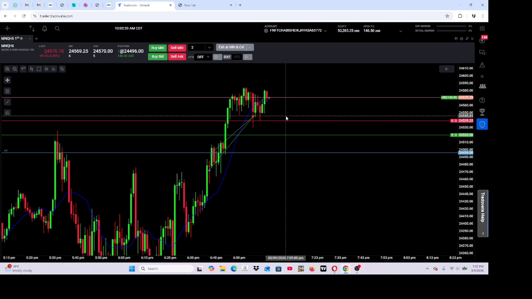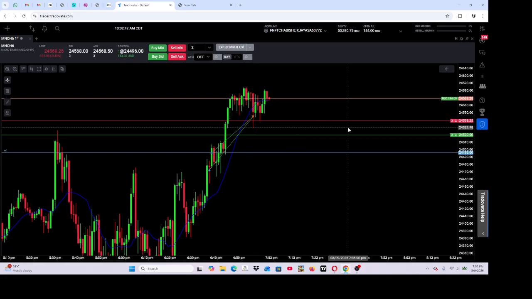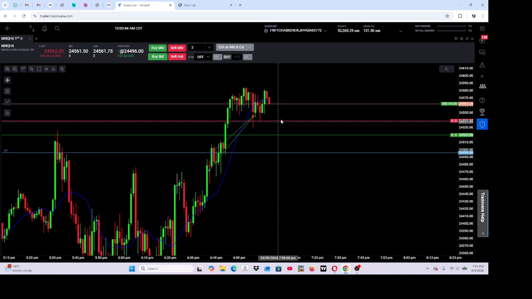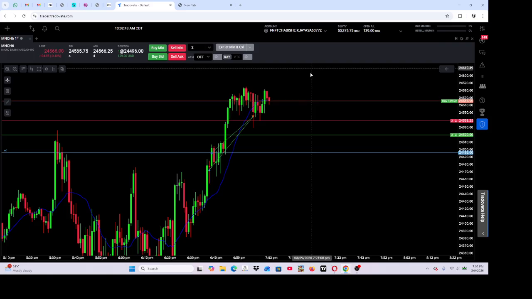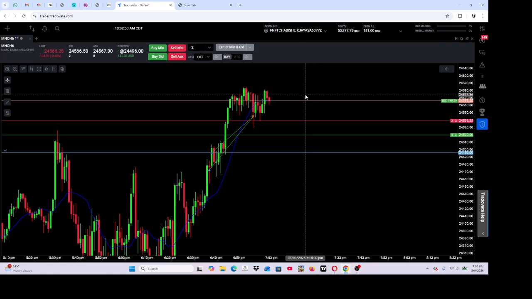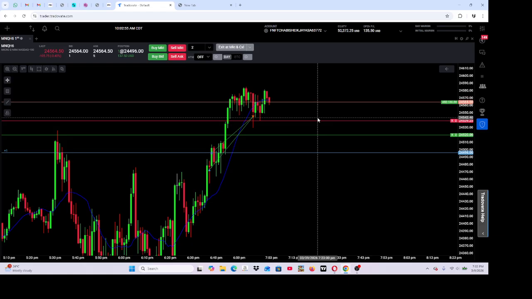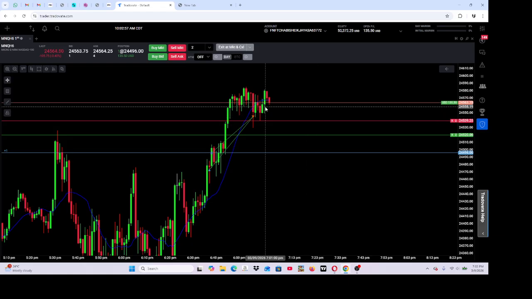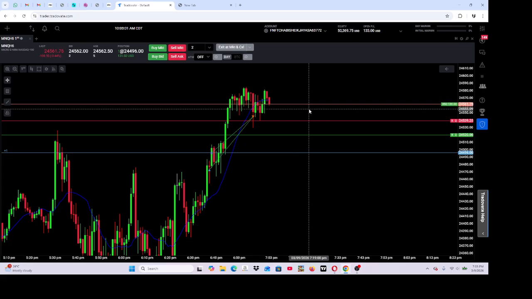If it got an SMT from here to here, I don't want this to rip this and get my stop loss and push above. No, that should not happen. It should be engulfed to the upside. I don't want this to close below this. Stay above this level. Make a wick and stay above this level, bro.